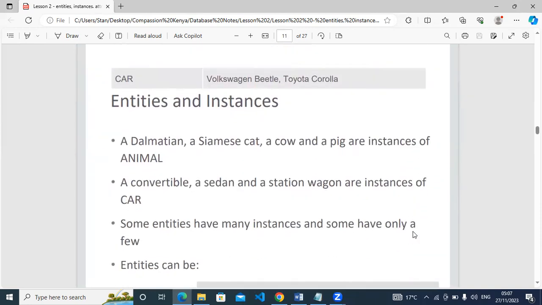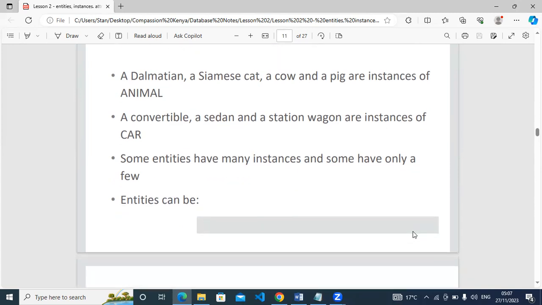So again, when we look at entities and instances, we can have maybe a Dalmatian and a cat, a cow and a pig, and these are instances of animal.